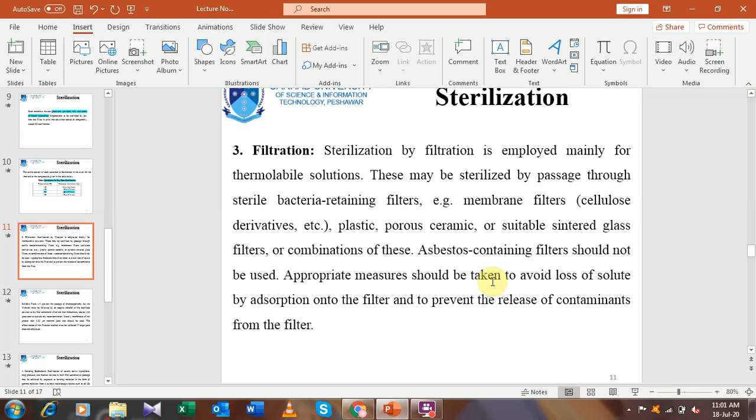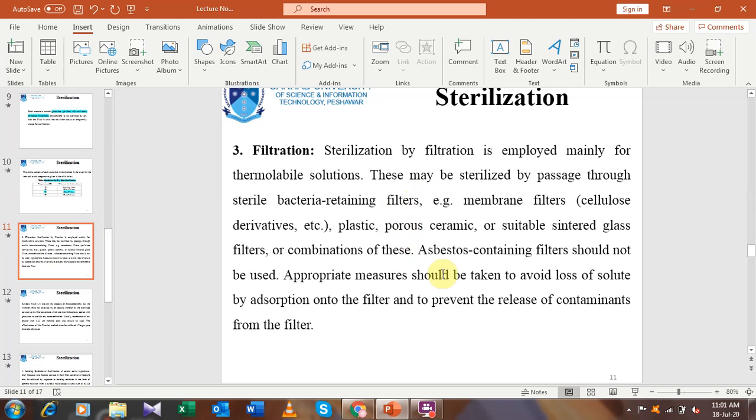The filters have the capacity to retain bacteria, and are sterile in nature. Materials such as membrane filters or plastic, or a combination of these, can be used for sterilization by way of filtration. In this way the bacteria are retained by the particular filter selected.